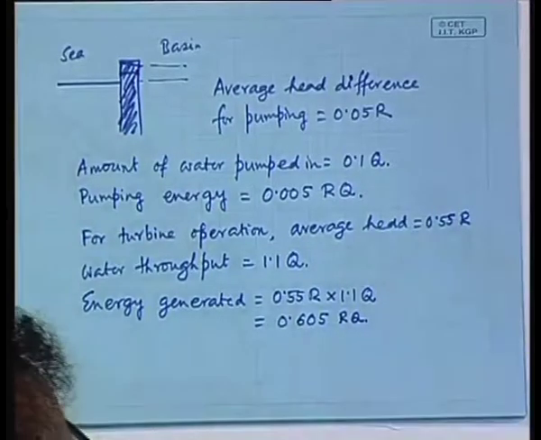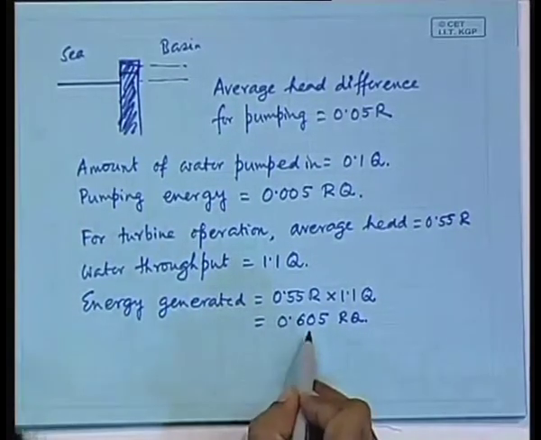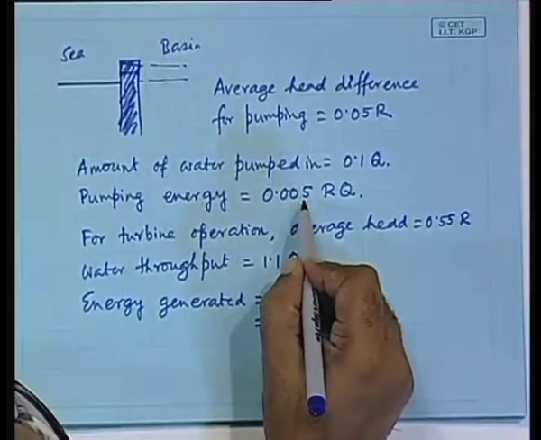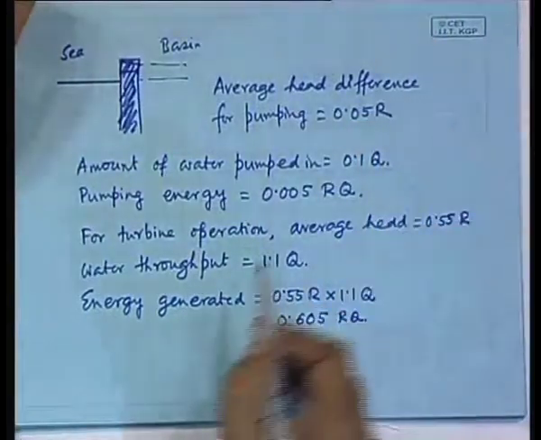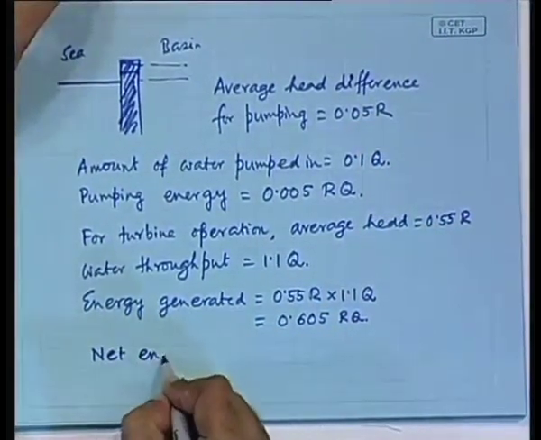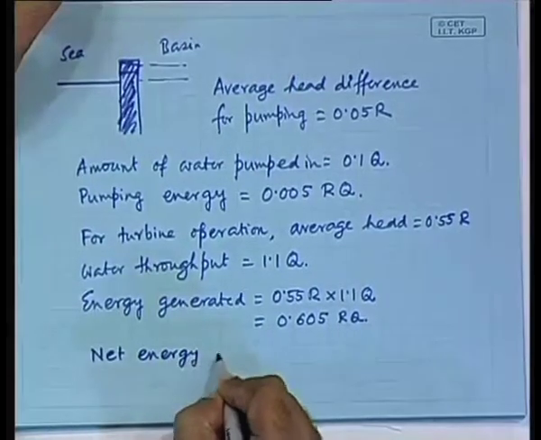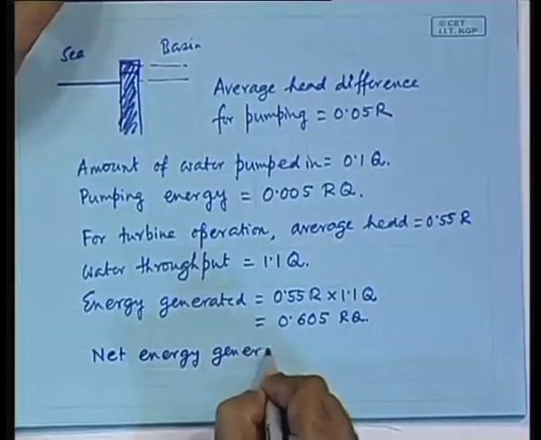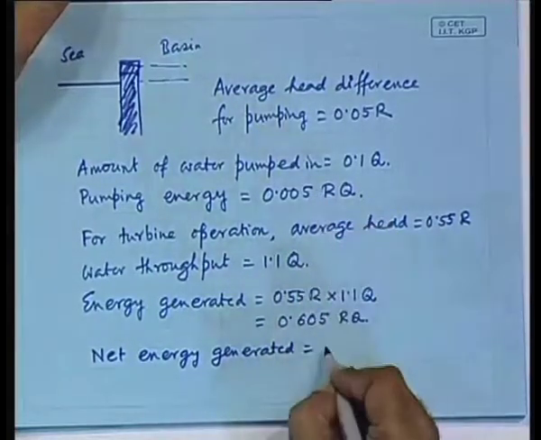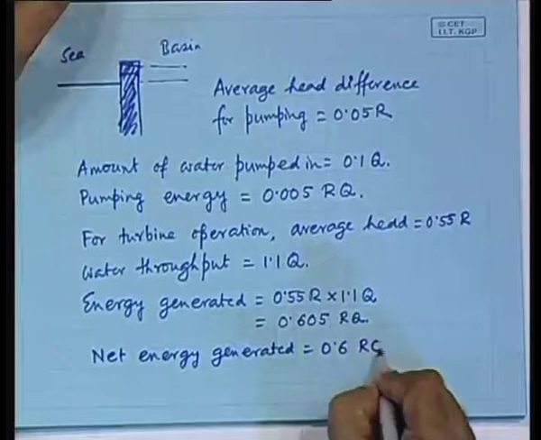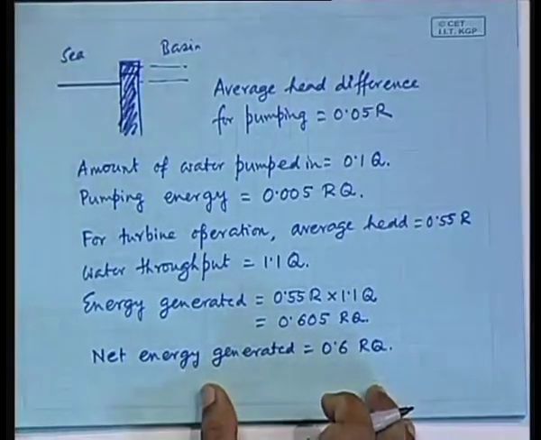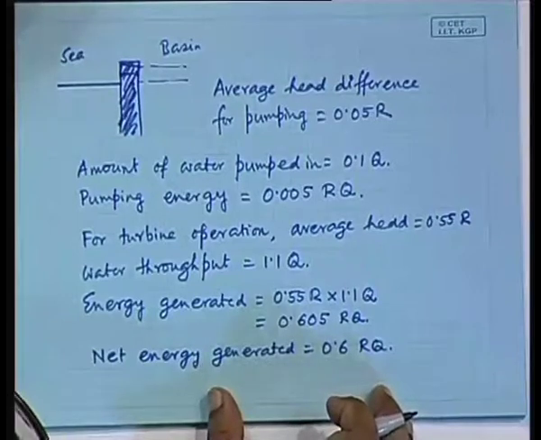Fine. Now, this amount of energy has been generated and this amount of energy has been spent. So how much is the net gain? Net energy generated is then this minus this, 0.6. If you did not have pumping, how much would be the net energy available?